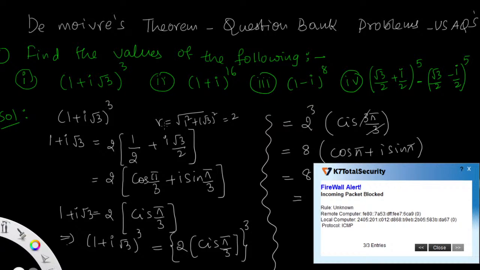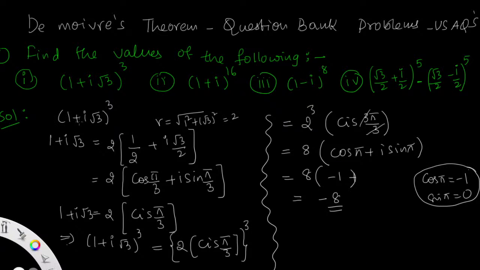Because its modulus is root of x square plus y square, where x is 1 and y is root 3, so that becomes 2. Multiplying and dividing with 2, we get 2 into 1 by 2 plus i root 3 by 2, which is nothing but cos pi by 3 plus i sin pi by 3. In short form, 2 cis pi by 3. With the power raised, 1 plus i root 3 whole cube is 2 cis pi by 3 whole to the power of 3.